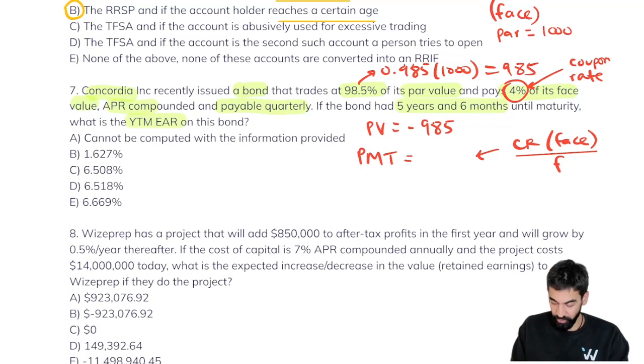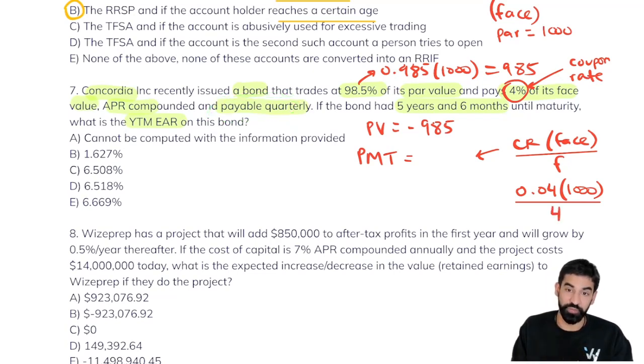So in this case, the coupon rate is 4%, 0.04, times the face value you're assuming is 1,000 if they don't give it to you. Divided by F, they said it is payable quarterly. So that means it's going to be 4. There's 4 quarters in a year. So it's like every 3 months. So that would be 40 divided by 4, which is 10.